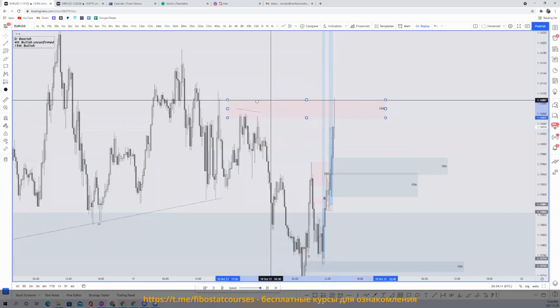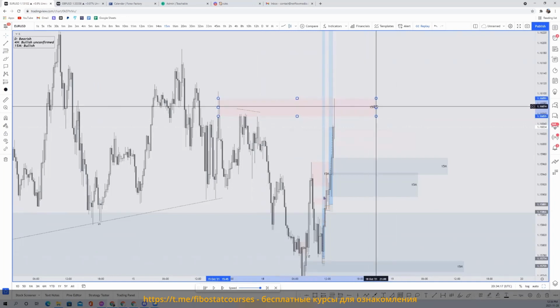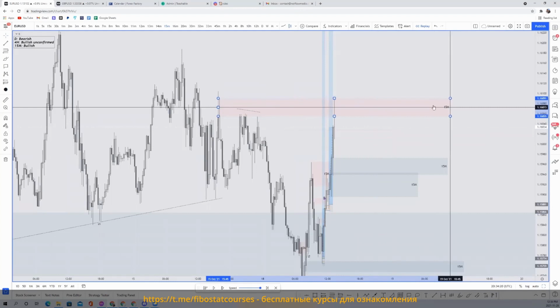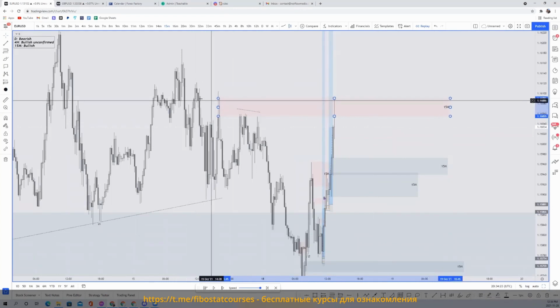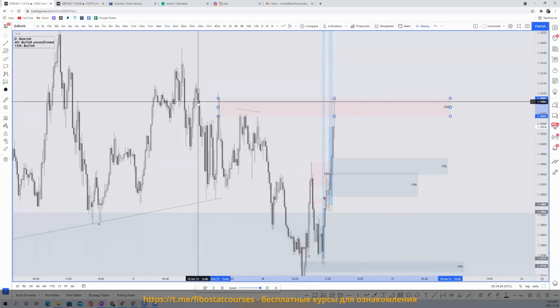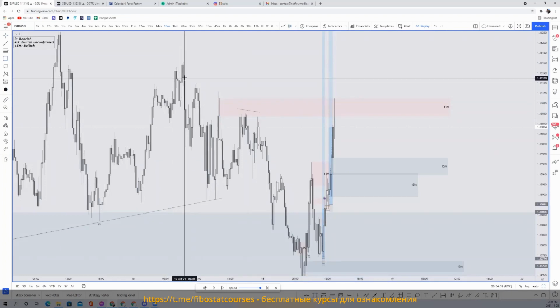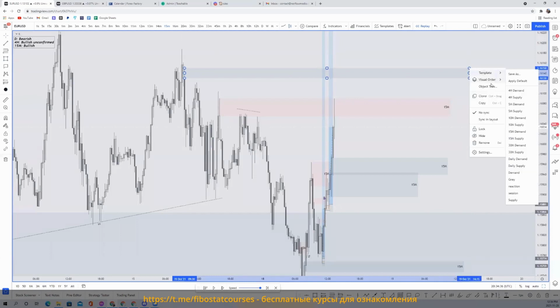I'm going to move it to these wicks for now, just because as of right now, they're holding. And we do have a supply here that's been mitigated pretty well. This high wick mitigated this. So the likely thing is your real supply that's going to hold is this wick here, as that hasn't been mitigated yet.